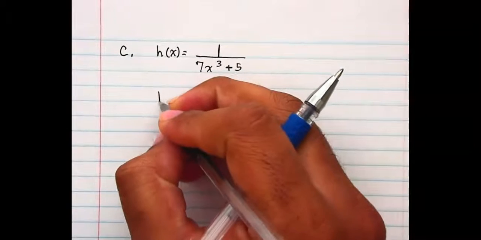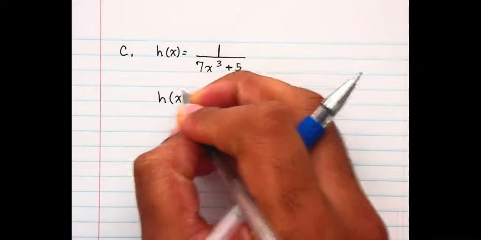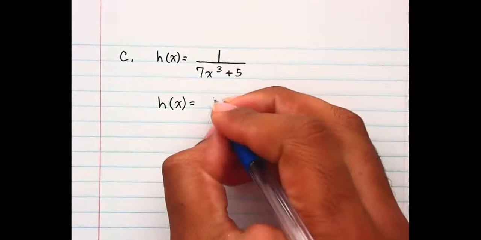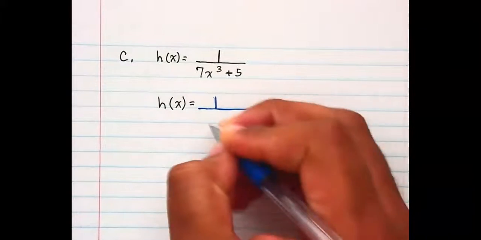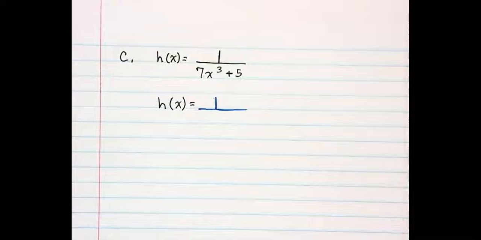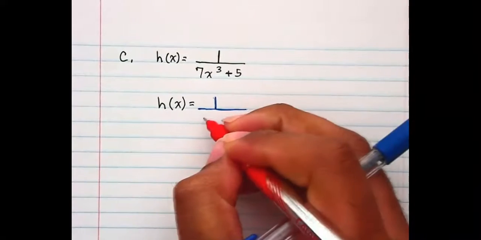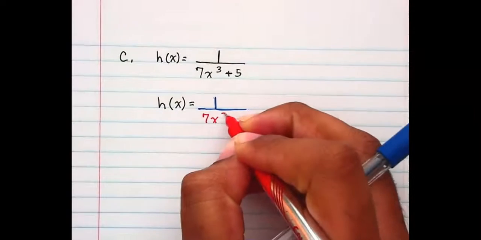All right, so again, we're going to talk about our outside and our inside. Remember, outside is going to be blue, inside is going to be red. So if we look at it, hopefully everybody can see that the outside portion of it will be your rational function. Remember, rational is 1 over x. So in this case, that would be 1 over x at the bottom there. And then what do we put in for x? It would be 7x cubed plus 5.